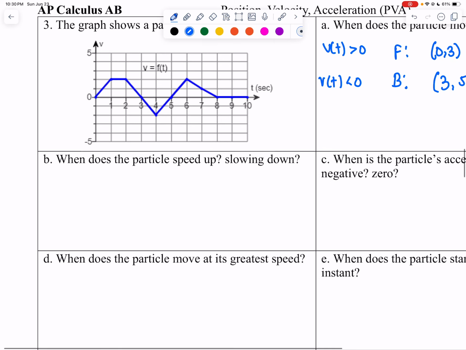So I'm speeding up whenever I'm moving away. So I'm moving away from 0 to 1, from 3 to 4, and then from 5 to 6.